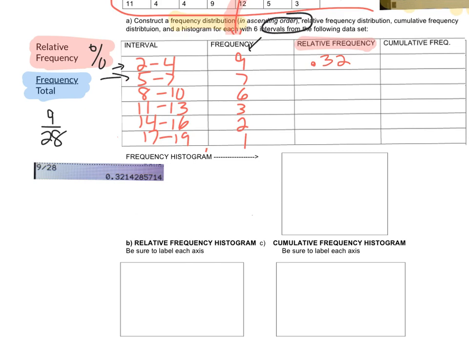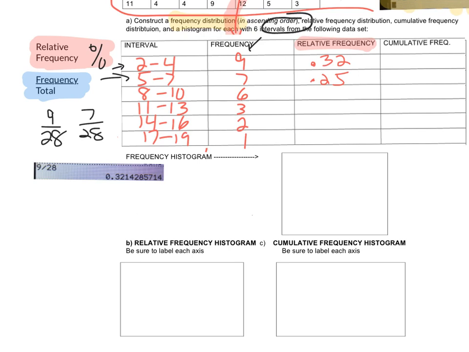Now we're going to find the relative frequency of the second interval from 5 to 7. Well, we know there's 7 data values in that interval, so we'll take 7 and divide it by 28. And we know that 7 over 28 reduces to 1/4, so that's a quarter. So the relative frequency is going to be 0.25.